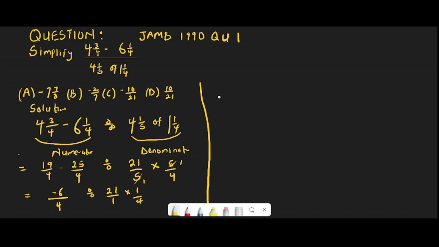So we have this to be equal to minus 6 over 4 divided by, this is 21 all over 4.